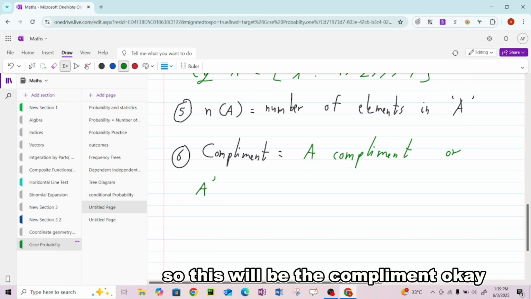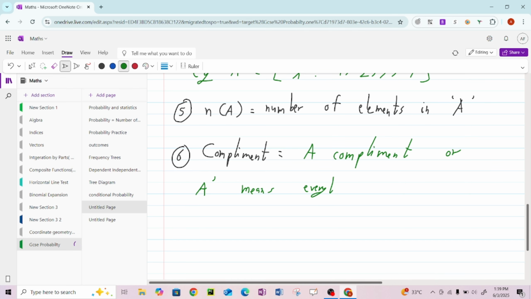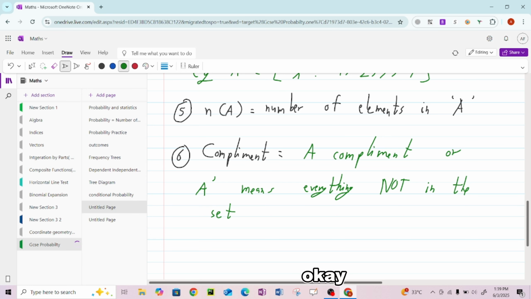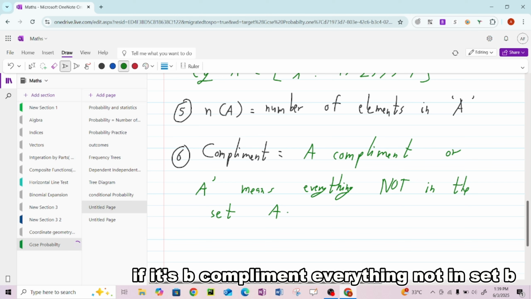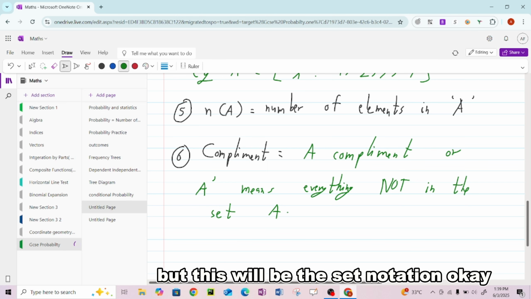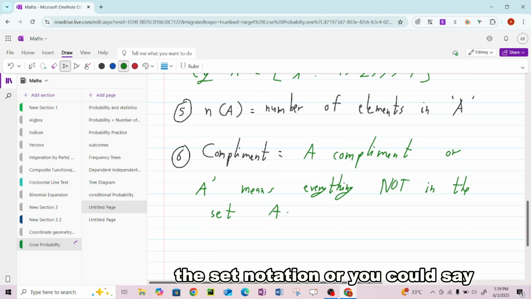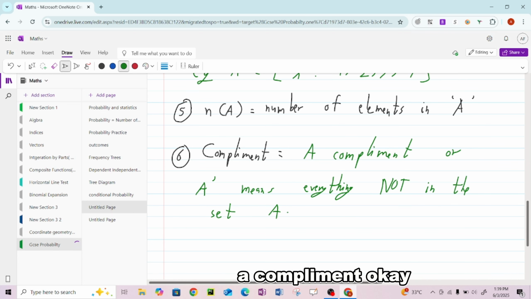So A complement means everything not in the set A. If it's B complement, everything not in set B. This is the set notation, like over here you had the symbol N(A), meaning number of elements. The symbol for complement would be this one, A complement.